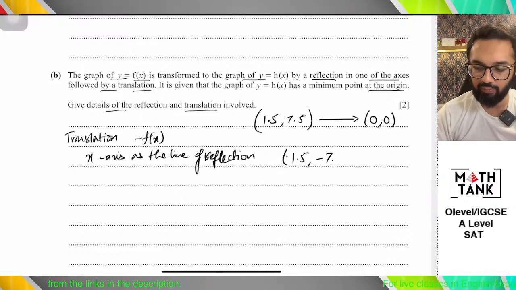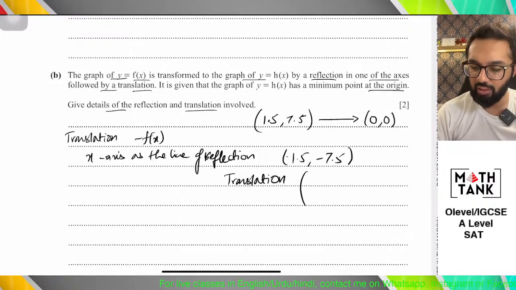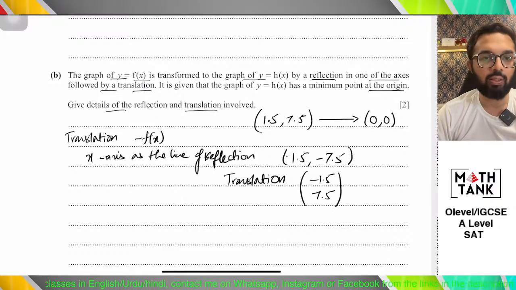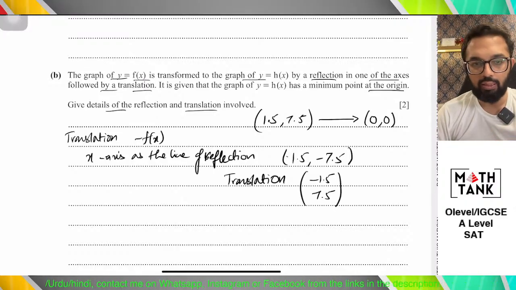It would have become minus 7.5. In that case, the translation that you would require is to come back 1.5 units and go up 7.5 units, and that should be your final answer.